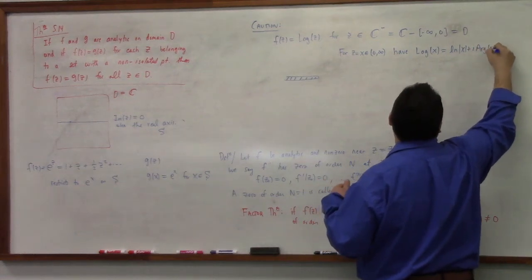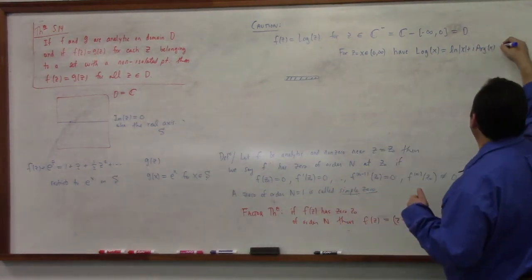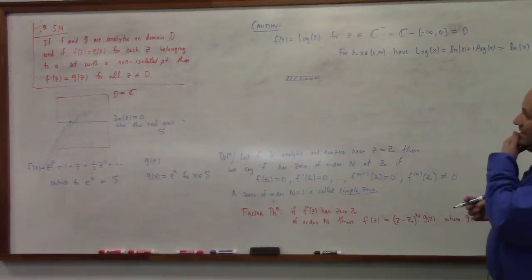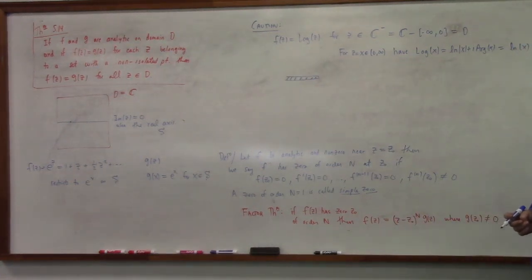But the argument of that is 0, so this just breaks back down to log x. So the principal logarithm agrees with the natural log from real analysis on the positive real axis.